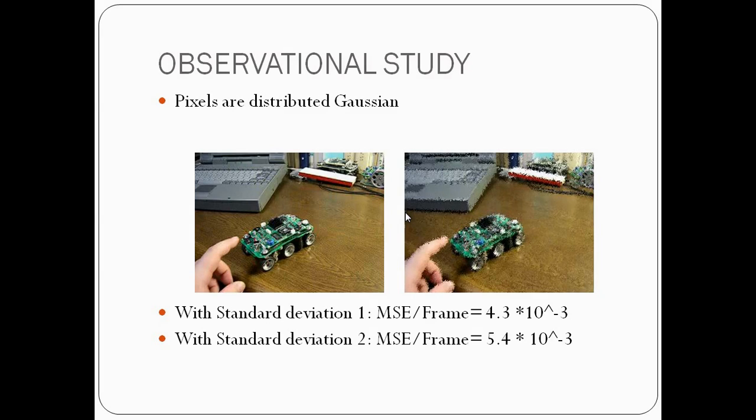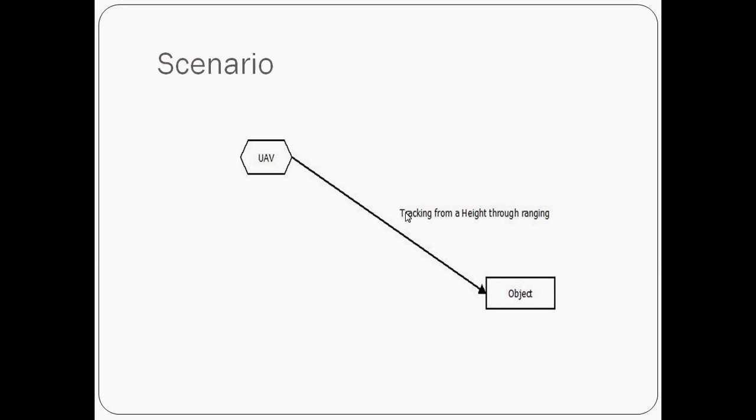Moving forward, now we discuss the scenario. As I said, the problem I'm considering is that we have a UAV on top at a very large height, and we have an object at the bottom, and we have very few pixels. So we are trying to use a pulse ranging technique, where a radar is assumed to be on the UAV, which has a narrow beam width and is able to provide us with a Doppler shift value.